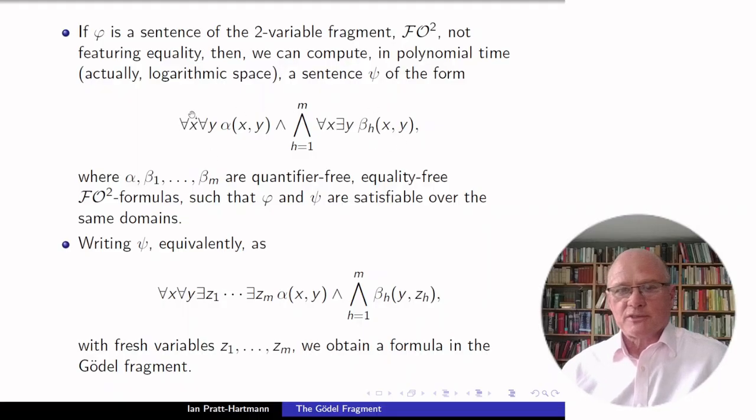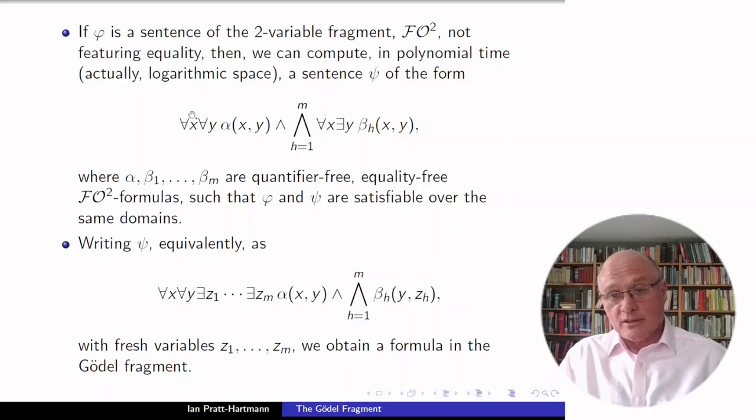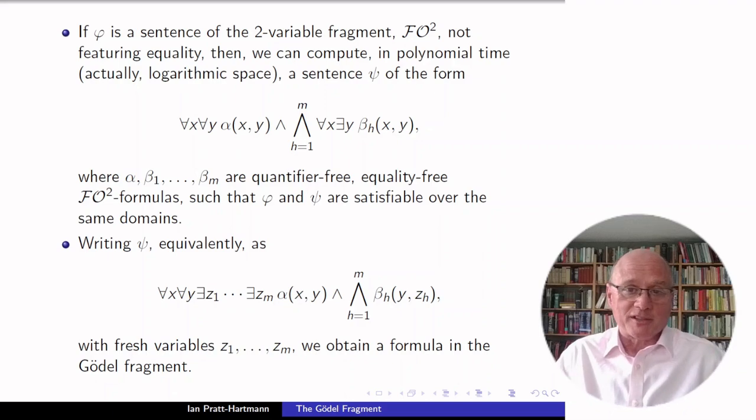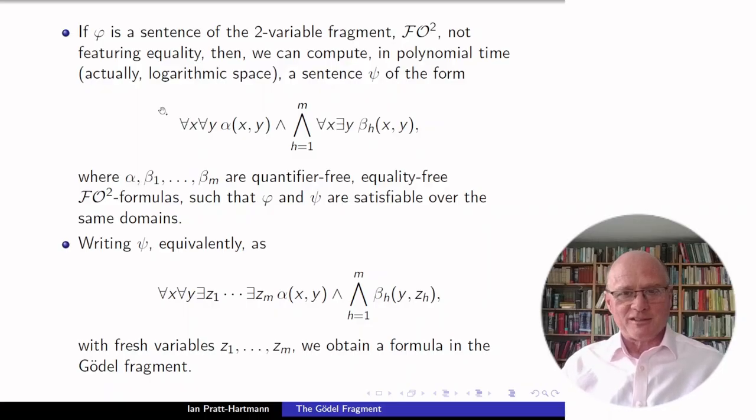So that gives us a reduction from the two-variable fragment to the Gödel fragment. So in fact, being able to solve the satisfiability problem for the Gödel fragment ensures that we can solve the satisfiability problem for the two-variable fragment, at least without equality. Now, in a previous lecture, I showed that the two-variable fragment with equality is decidable for satisfiability, but the version of that theorem without equality follows from what we'll be talking about today.